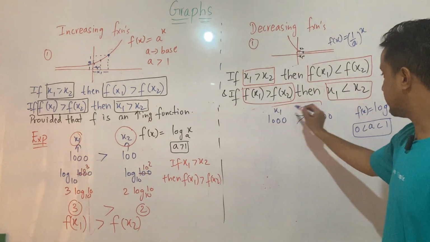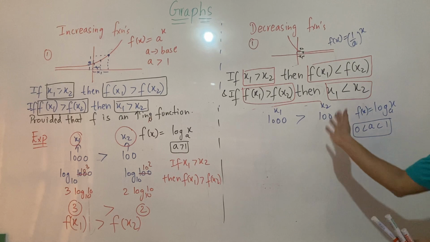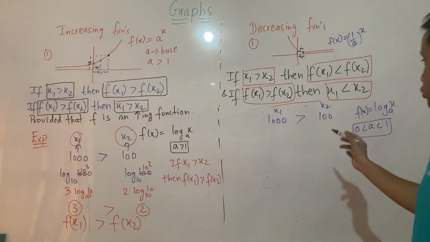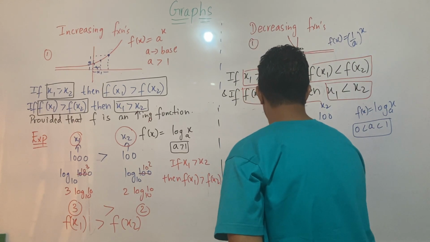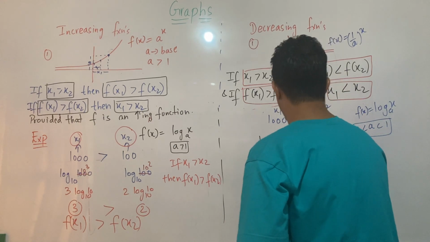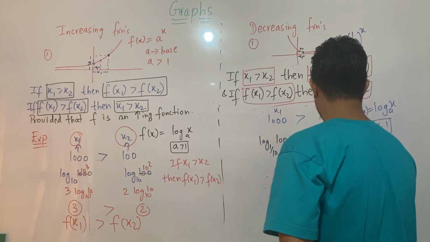This is our x1, this is our x2. Now we are just going to take the log on both sides with respect to the base 1 by 10.